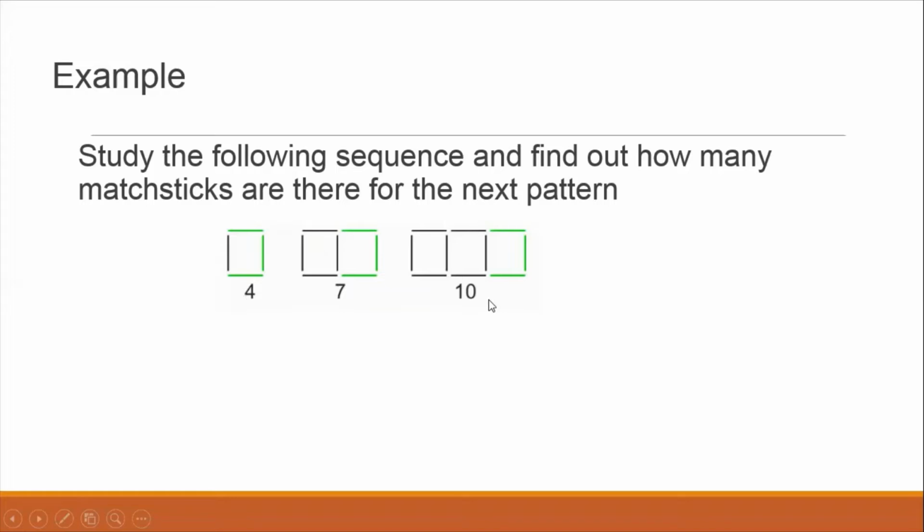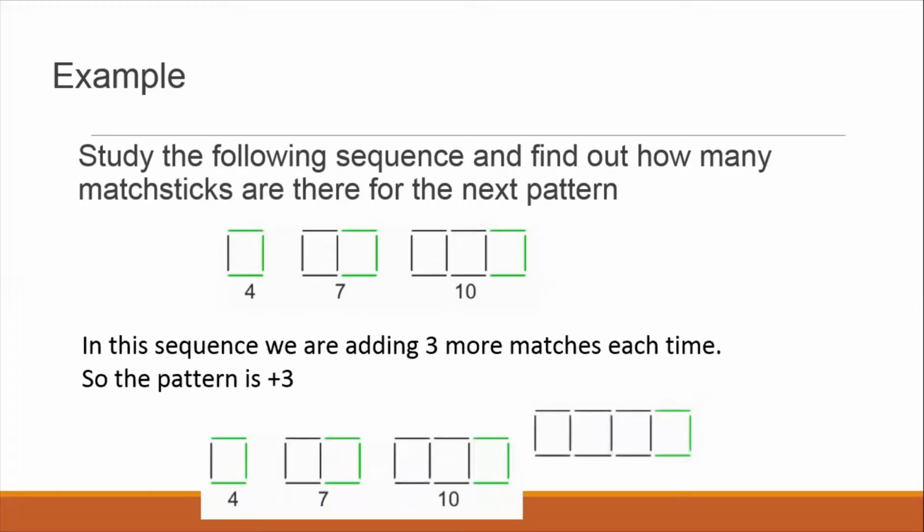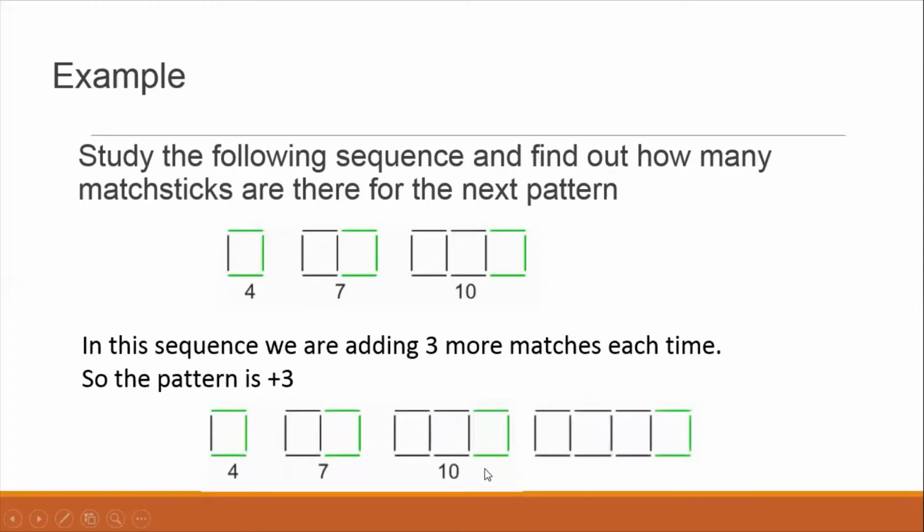In this sequence, we are adding 3 more matches each time. So the pattern is plus 3. From 10, we add 3, and the next pattern will have 13 matchsticks.